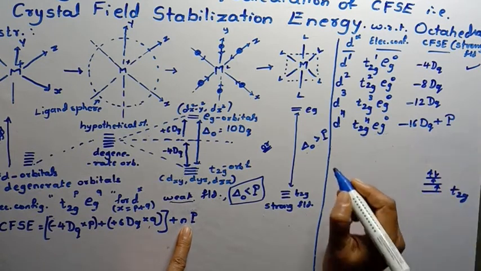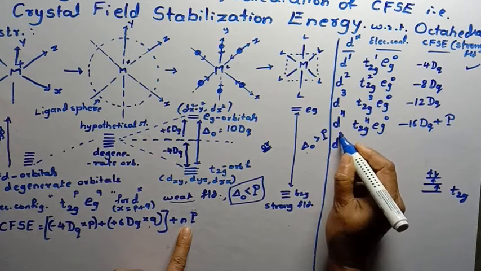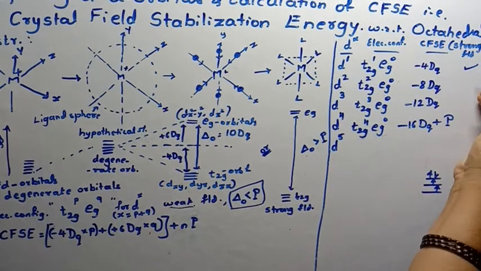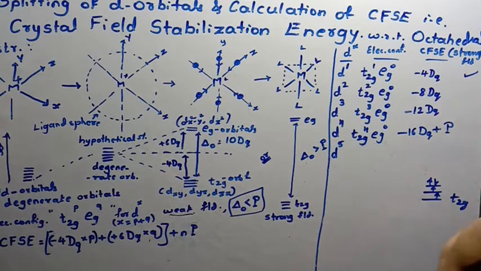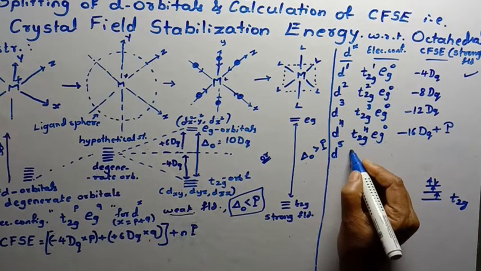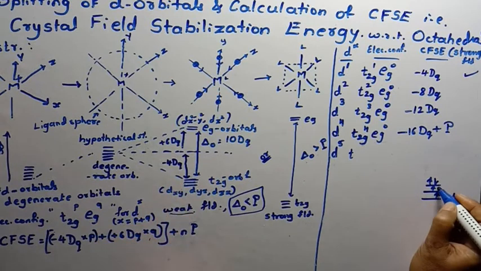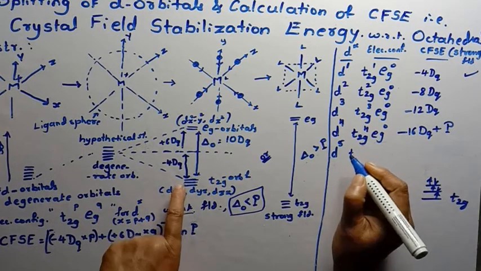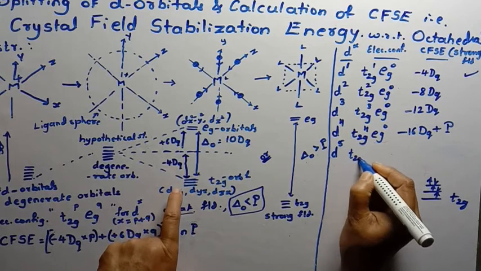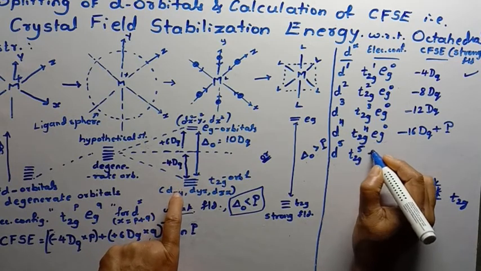Now d5, I am discussing it with respect to a strong field ligand. The fifth electron also enters the lower energy level. It goes here; the fifth electron will pair up like this. So t2g^5, eg is 0.